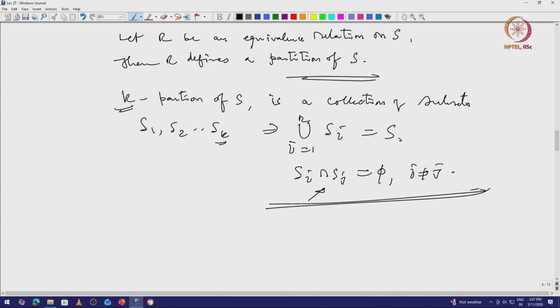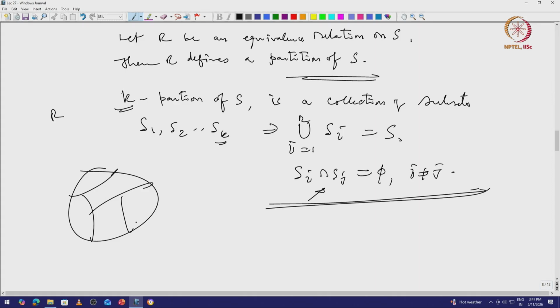So the equivalence relation R, if this is a set, is going to split it into several subsets, and this is a partition.